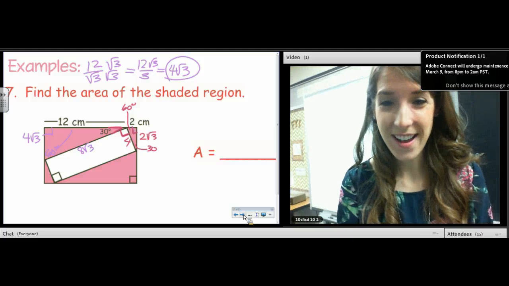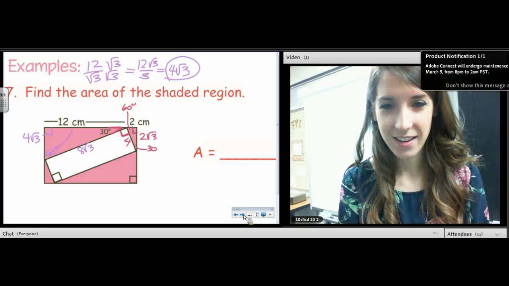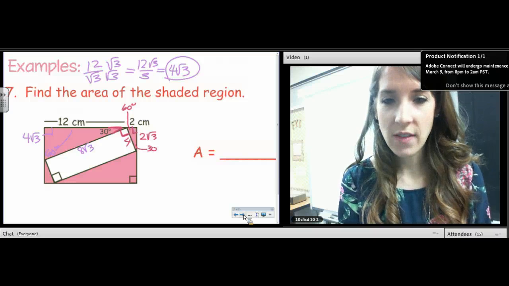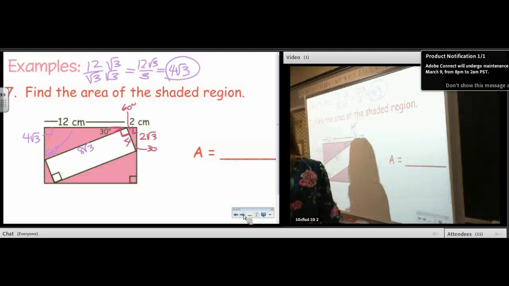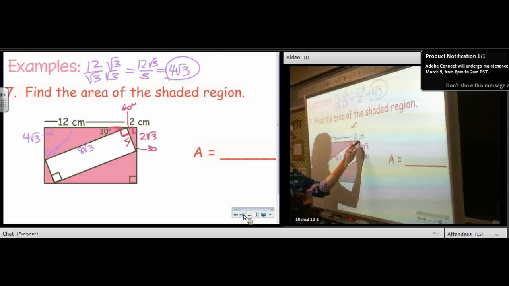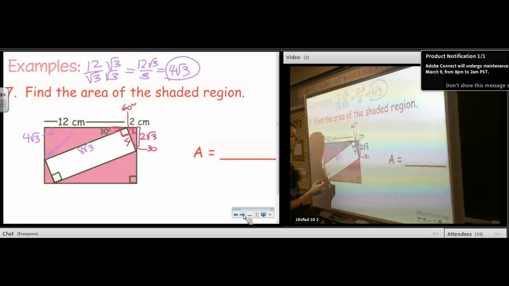We now have all the information we need to find the area. Have y'all guessed an area yet? Let's find the area of the whole rectangle. Now, I know that this is symmetrical because of how these angles are working. So if that's 2 root 3, then this is the same. So the length is 14, 12 plus 2.